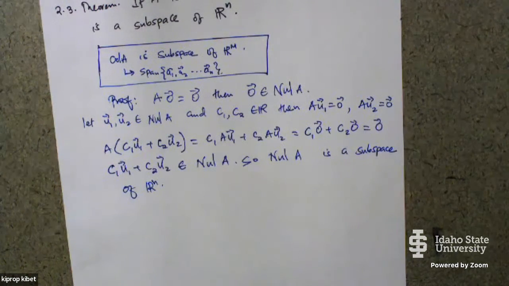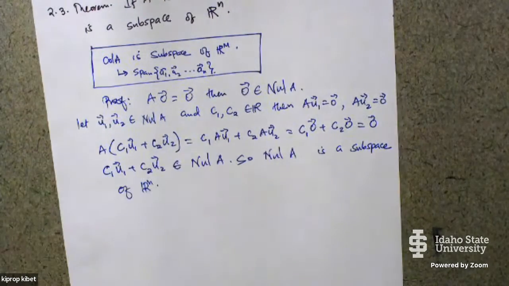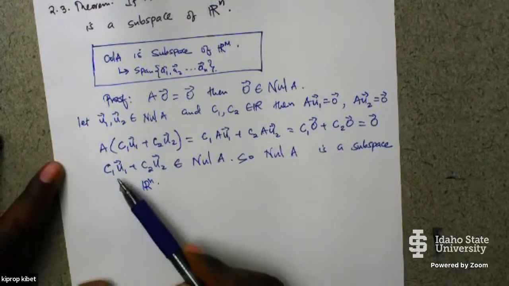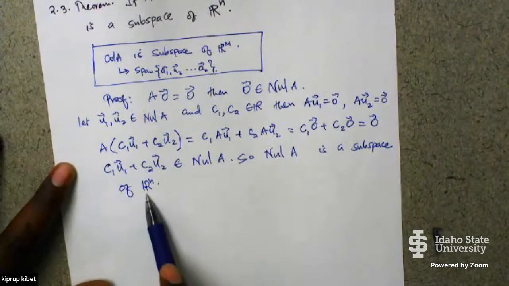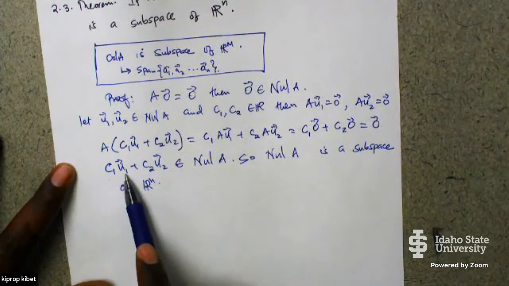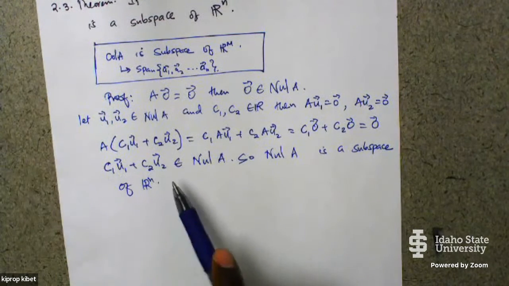Rn is basically the number of what? If it is a matrix, then it is the number of columns. In this case, if the solution is this, then here it is in R2 because we have two solutions, U1 and U2.